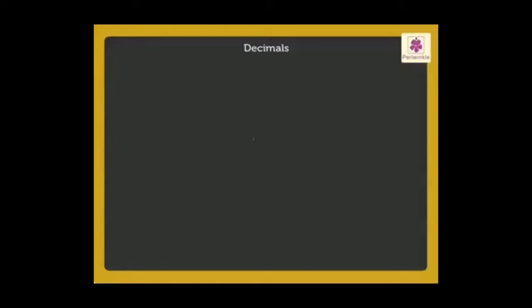A decimal number has 2 parts, one on the left side and the other on the right side of the point. Let us see what these parts are. Consider the decimal 24.31. The dot in between 24 and 31 is called the decimal point.